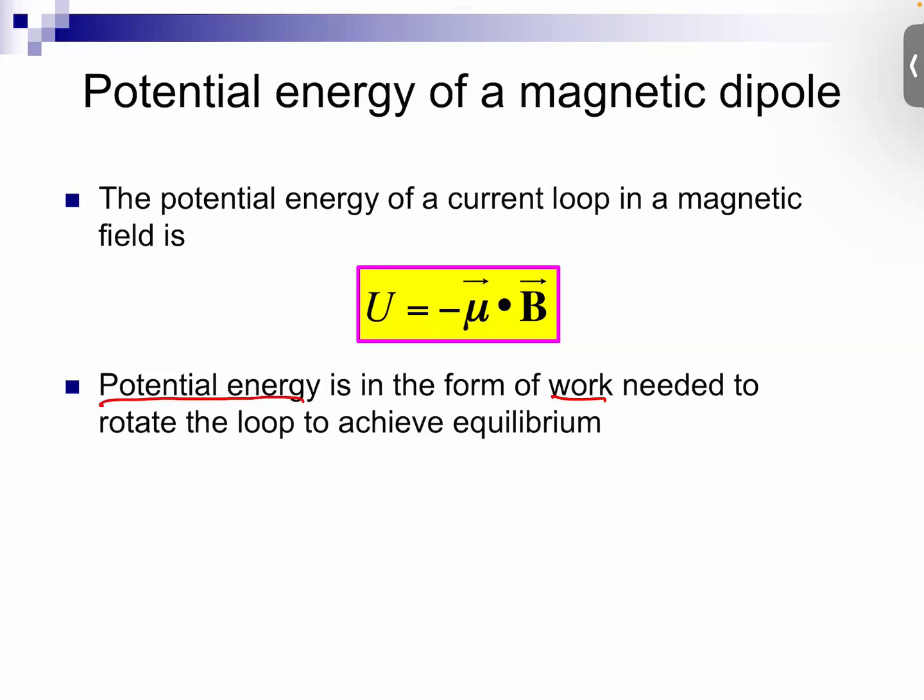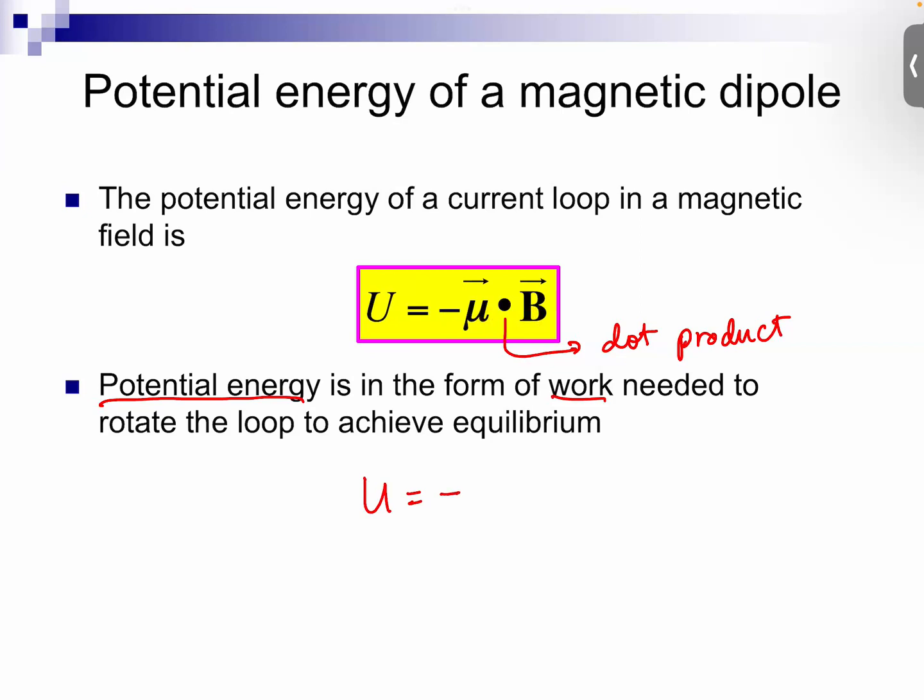So we can define a potential energy in a wire loop that's rotating in a magnetic field, and we can calculate how much energy is stored using this relationship. The potential energy is a dot product between the magnetic dipole moment and the magnetic field.